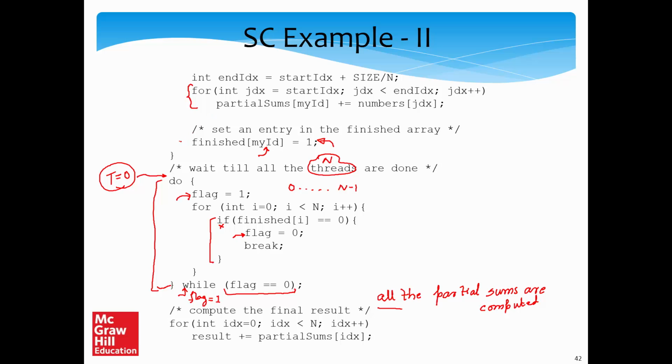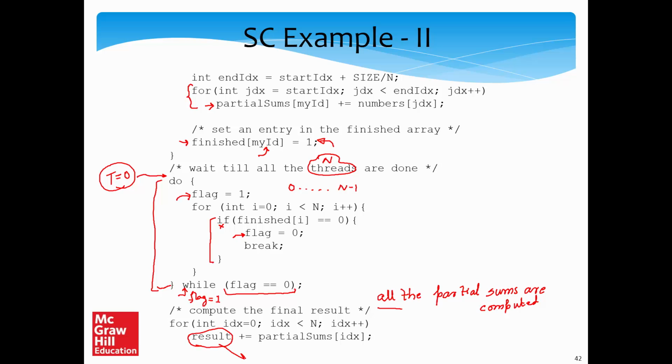So if this has executed, it means that all of the updates to partial sum are also done. So once we see that a thread has finished, we will automatically be sure that all of its partial sums have been computed correctly. Well, then what?